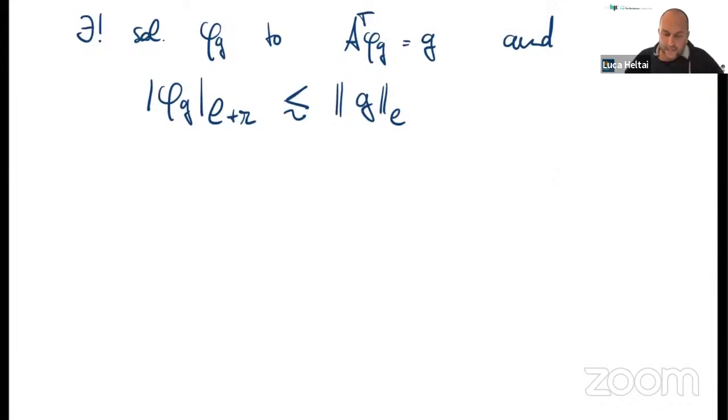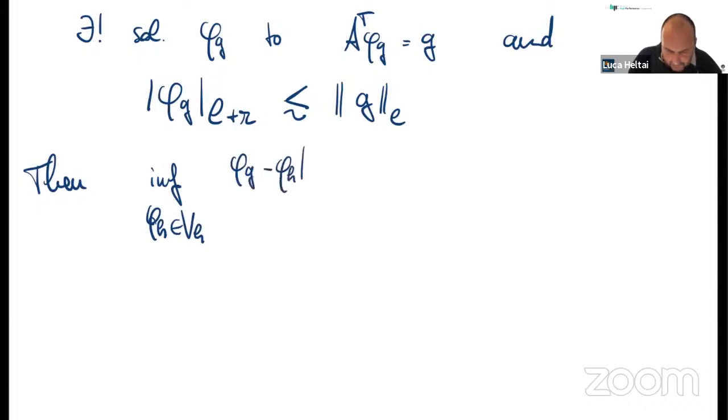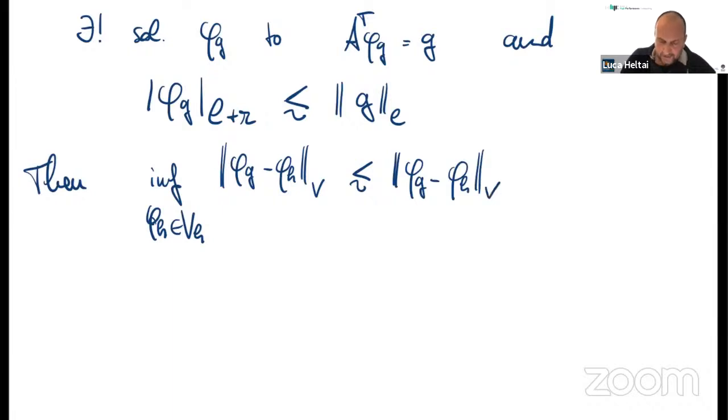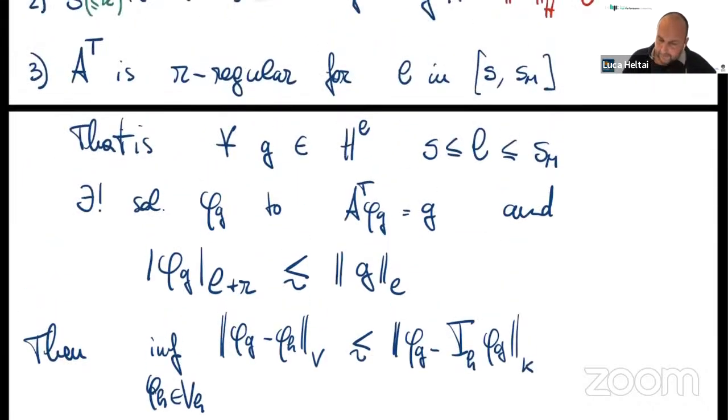In this particular case, what you have is the following: the infimum for VH in capital VH of the norm of phi G minus phi H in V is certainly smaller or equal than the norm of phi G minus the interpolation of phi G itself, in V. And now let me just replace the norm V with the norm K that I have here.